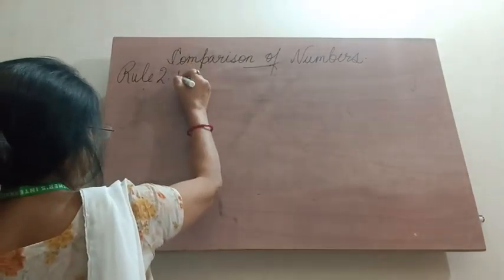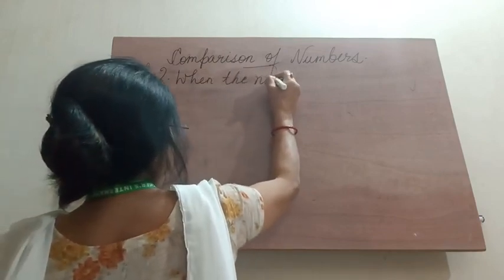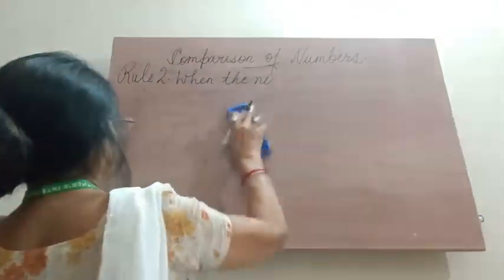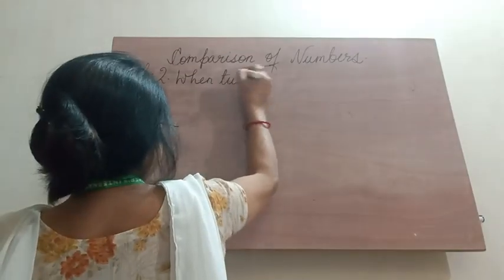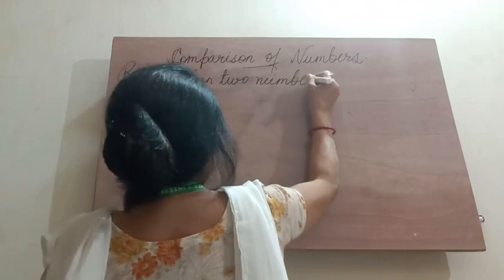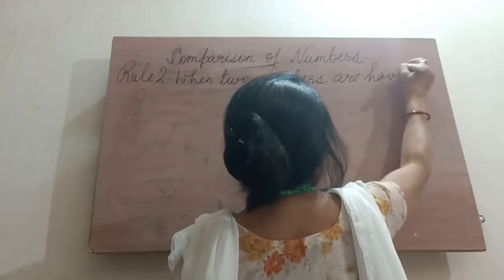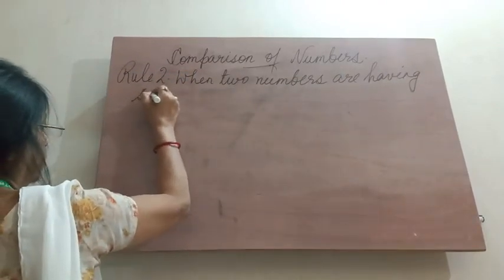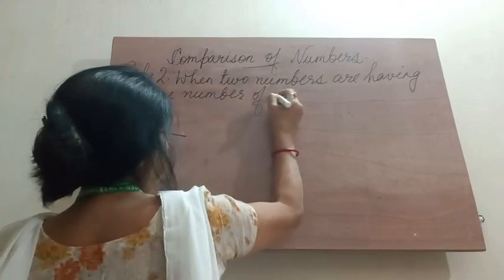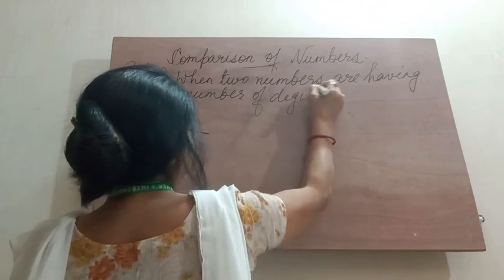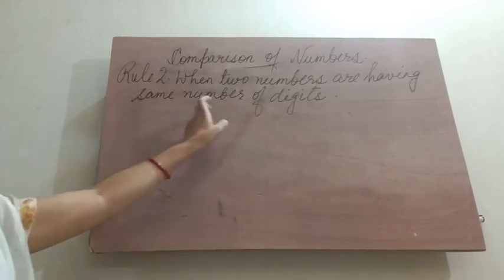The second rule is when two numbers are having the same number of digits. Now see, what is rule number 2?